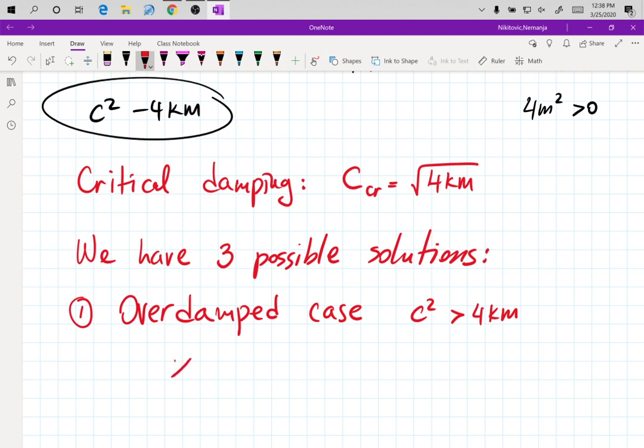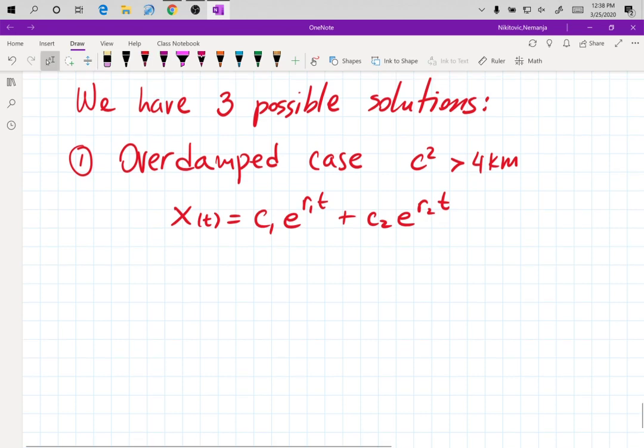This is where you get x of t equals c1 e to the r1 t plus c2 e to the r2 t. Oh, by the way, you know all 3 cases. We are now just putting them in a wrapper of physics. These 3 solutions you are going to get now are the 3 solutions that we had before in our cases 1, 2, and 3 in lectures 3.1 and 3.2 and 3, whatever we did. I know it was split in between different sections.